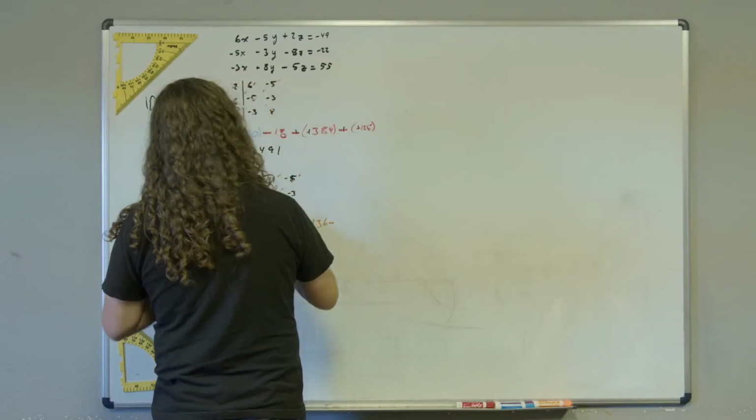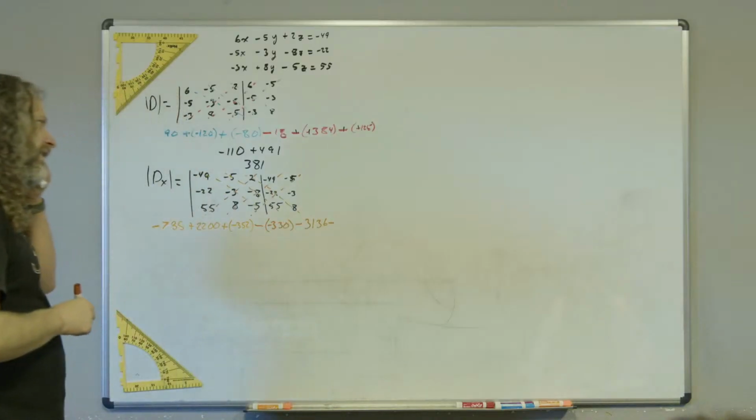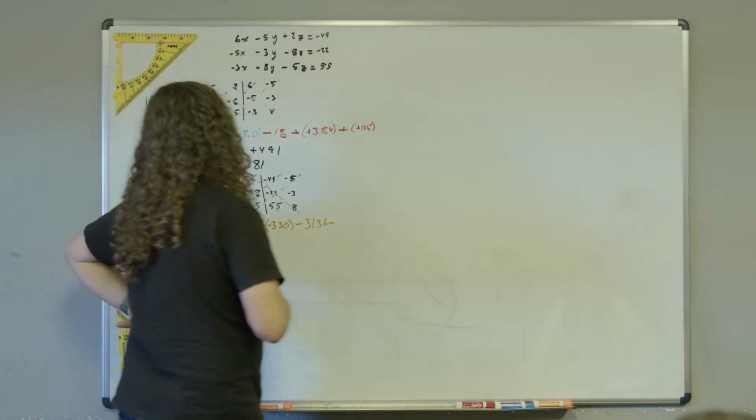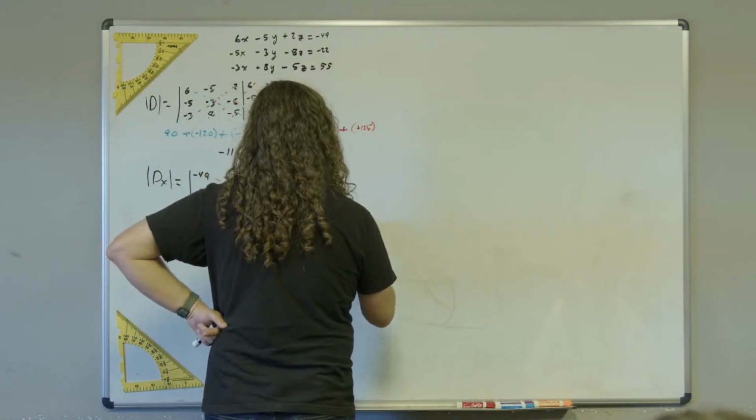Last one. Negative 5 times negative 22 times negative 5. 550. No. Negative 550.